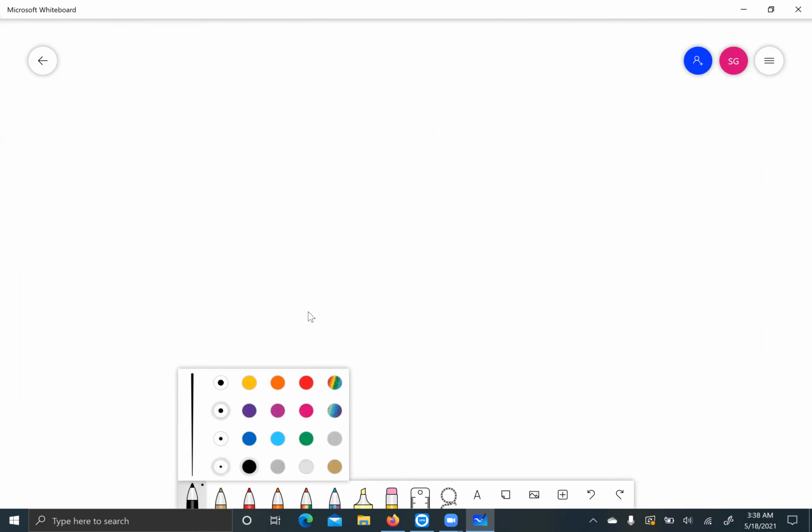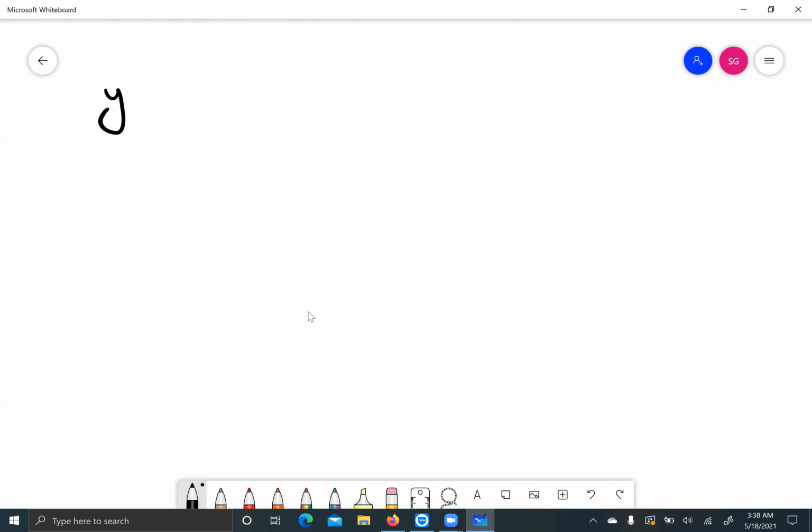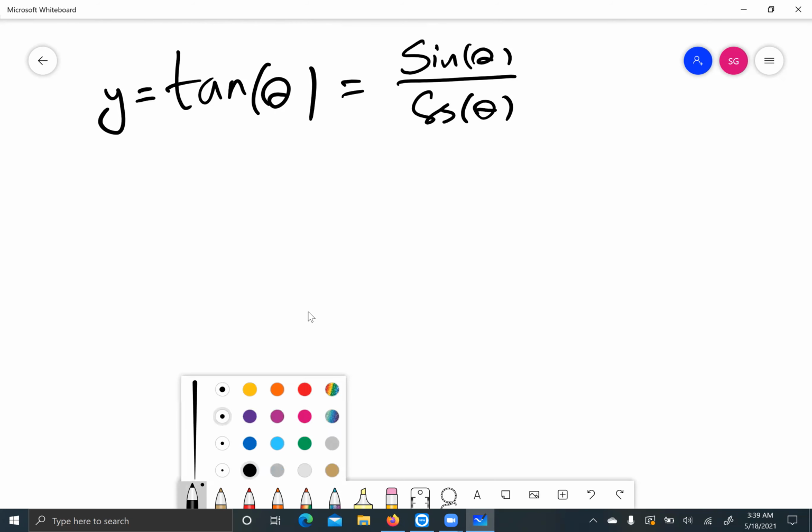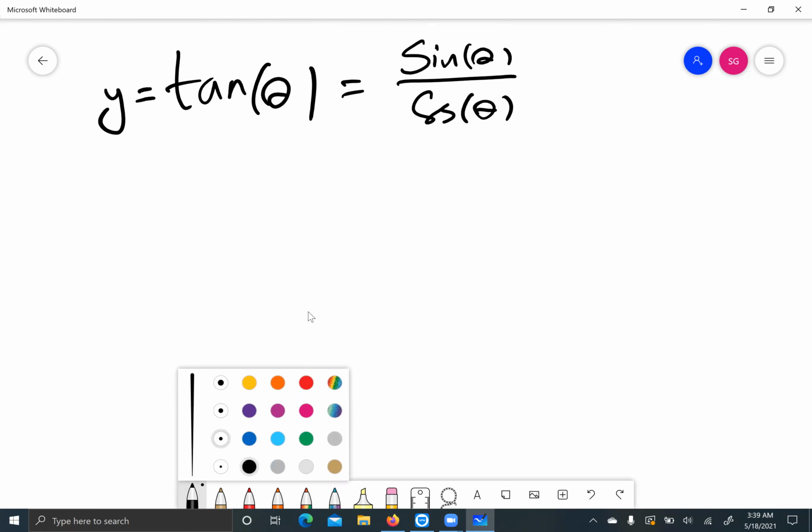Recall that tangent is in fact sine over cosine, and we already know a lot about sine and cosine. That's good to remember. But we can also look at a table of just some of the values.